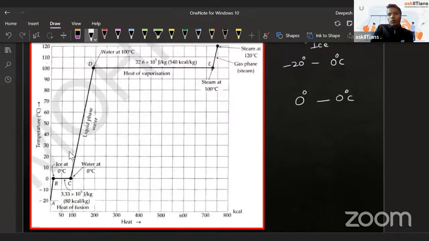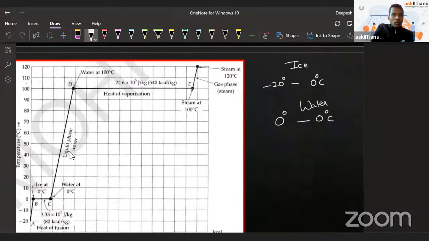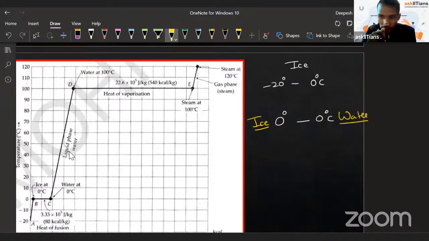Now, water. So you have actually converted ice at 0 degrees Celsius to water at 0 degrees Celsius. So yes, we agree that temperature is not changing, but something changed. And what is changing? That is the state.